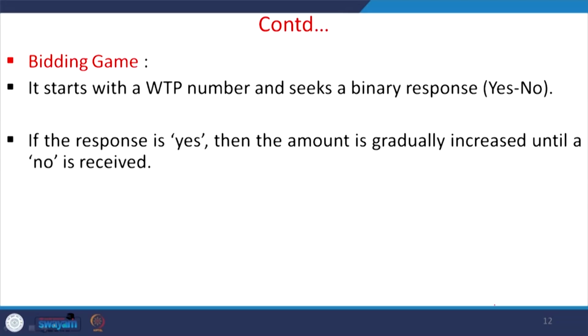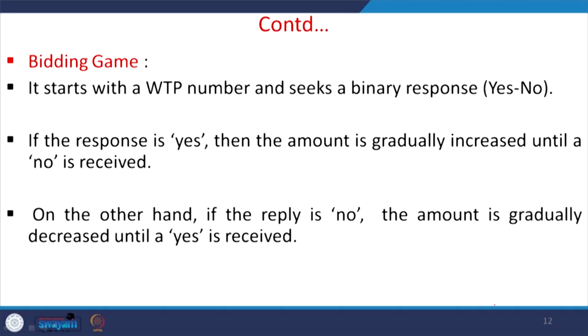If the response is yes, then the amount can be gradually increased from 100 to 120 or 150 and likewise, and this exercise is carried on until a no is received. On the other hand, when you receive the reply no, that the respondent is not going to pay 100 rupees, then the amount is gradually decreased until a yes answer is received.